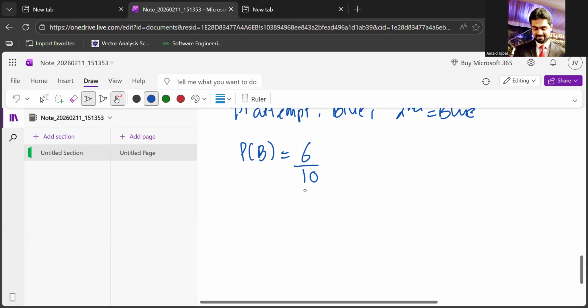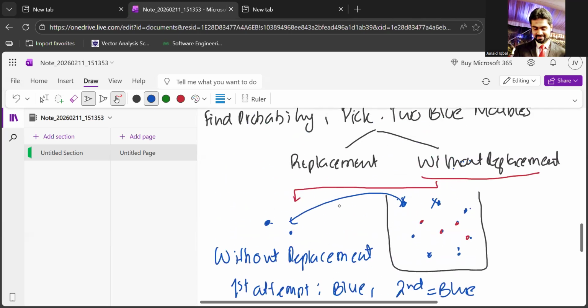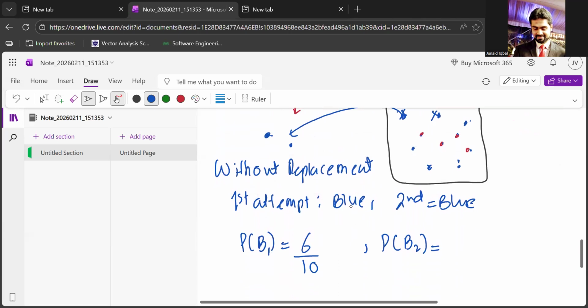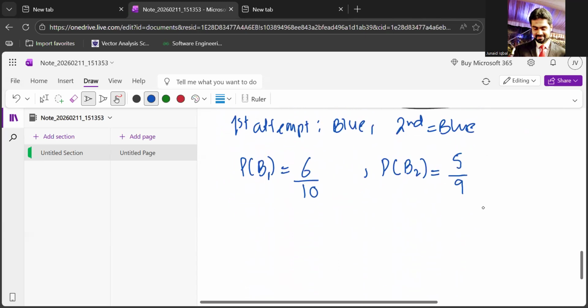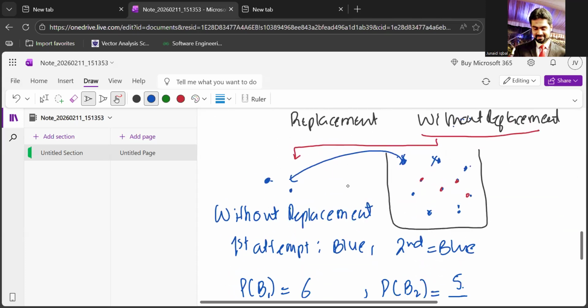And this is B1 because this is the first attempt. In the second attempt, if I'm taking another blue, now one blue is gone, one blue is reduced. Now you have a total of 9 in the sample space, and you have 5 blue remaining. So I have to reduce the denominator as well as the numerator because blue will be reduced by 1. This is the without replacement condition, when you are not replacing the ball back into the bag.